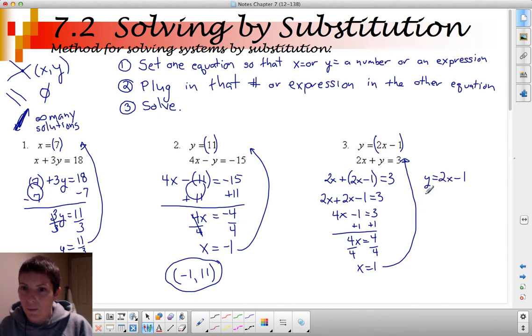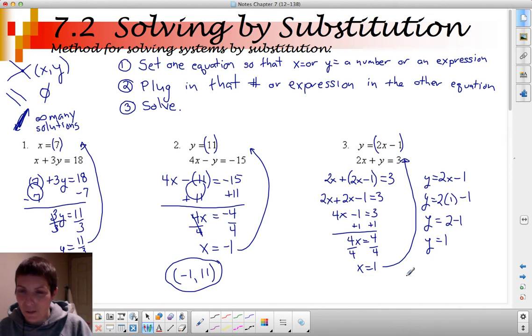We said that x was 1, so y equals 2 times 1 minus 1. So the y value is 2 minus 1, which means that the y value is really a 1. So the ordered pair in this case is the point 1, 1. Now we have two sloped lines, and they meet at the point 1, 1.